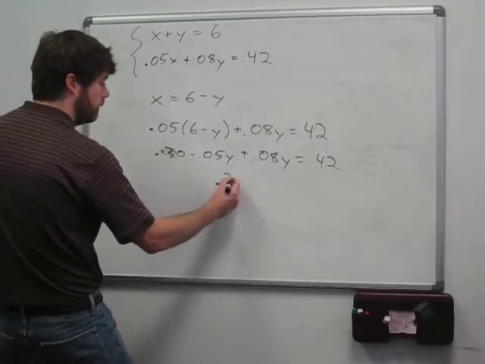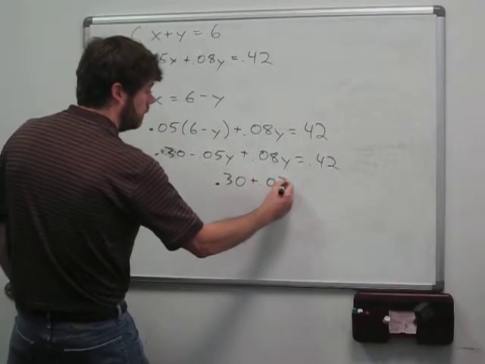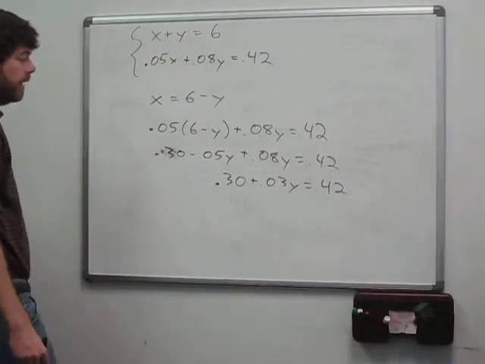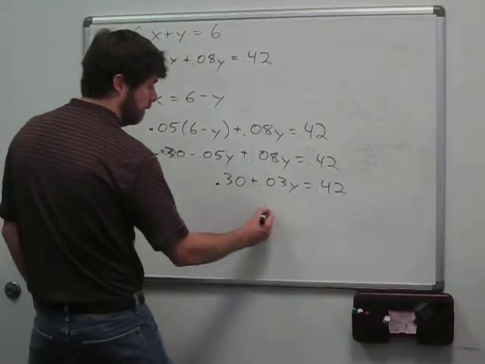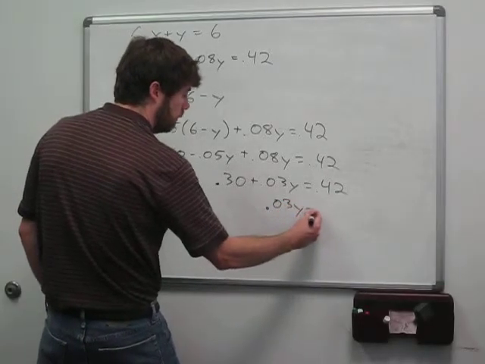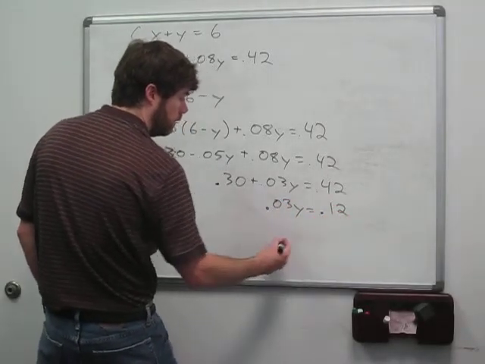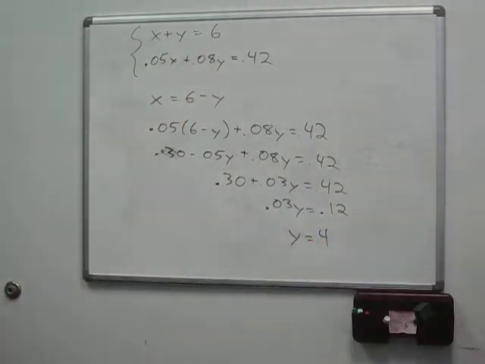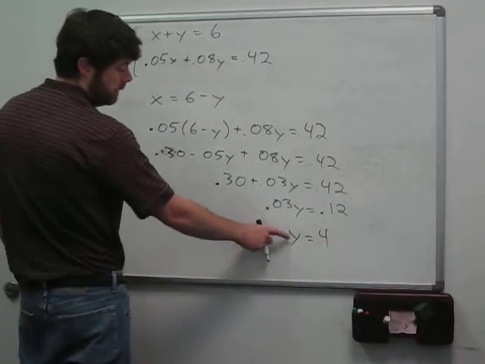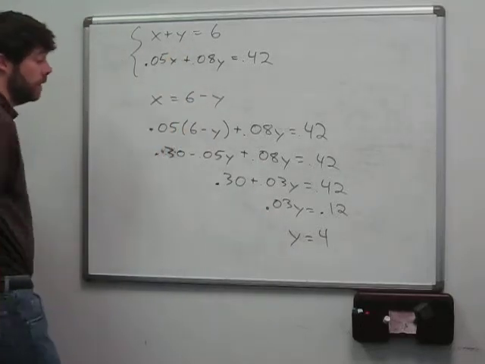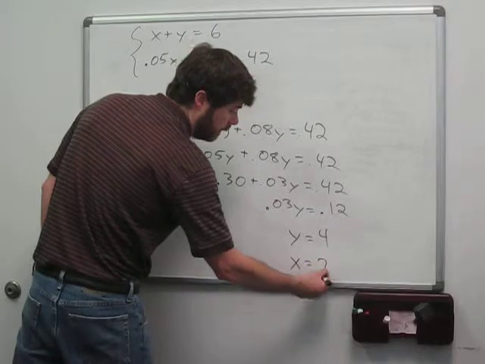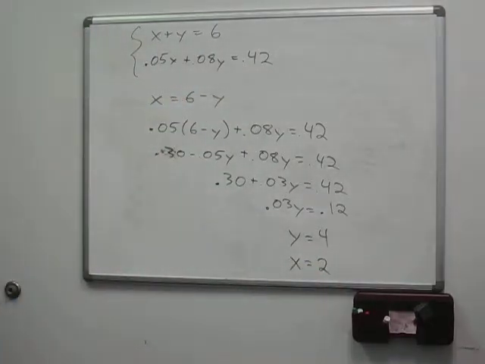Combine like terms, and then subtract 0.3 and divide. So we're going to get that y is equal to 4. We substitute this into either of these equations to figure out x. Clearly from the first equation, x is equal to 2.